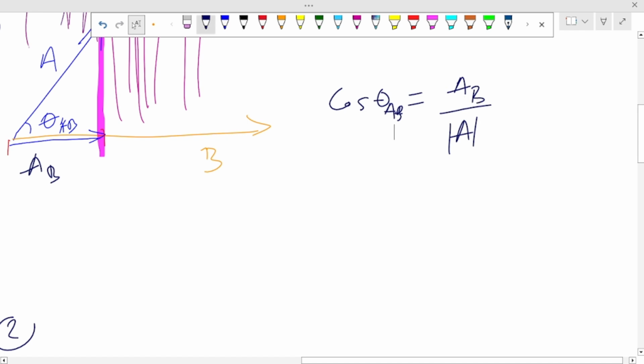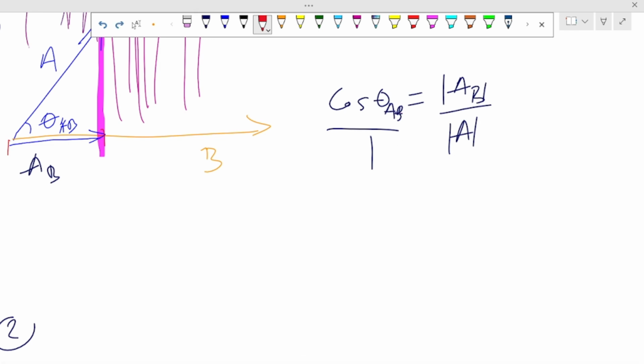Okay, so if you cross-multiply, let me just put this modulus sign. When you do that, you will have the magnitude of A onto B as A cos theta.